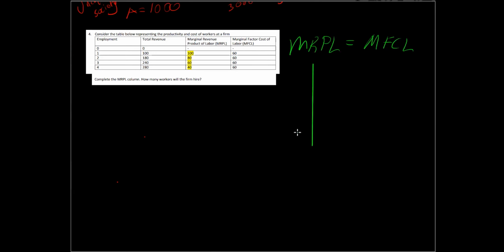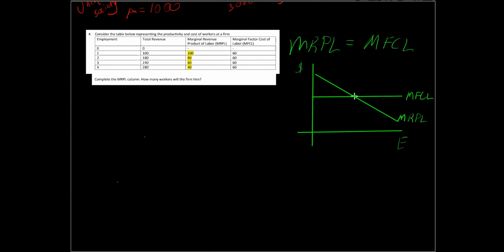And if we look at this graphically, we can put dollars on one axis and employment on the other. Oh, sorry, I did the wrong thing. The marginal revenue product of labor declines. And in this example, the marginal factor cost of labor remains constant at, in this case, 60.